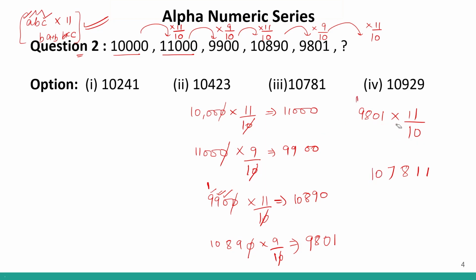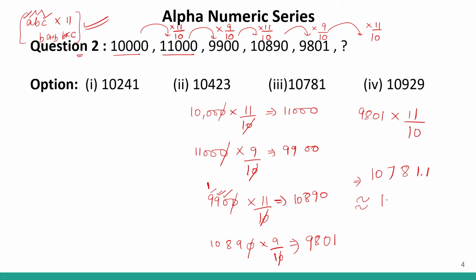Now this was divisible by 10, so this will be divisible by 10 also. If it is divisible by 10, we will place a point over here. Correct? So this will be 10781.1.